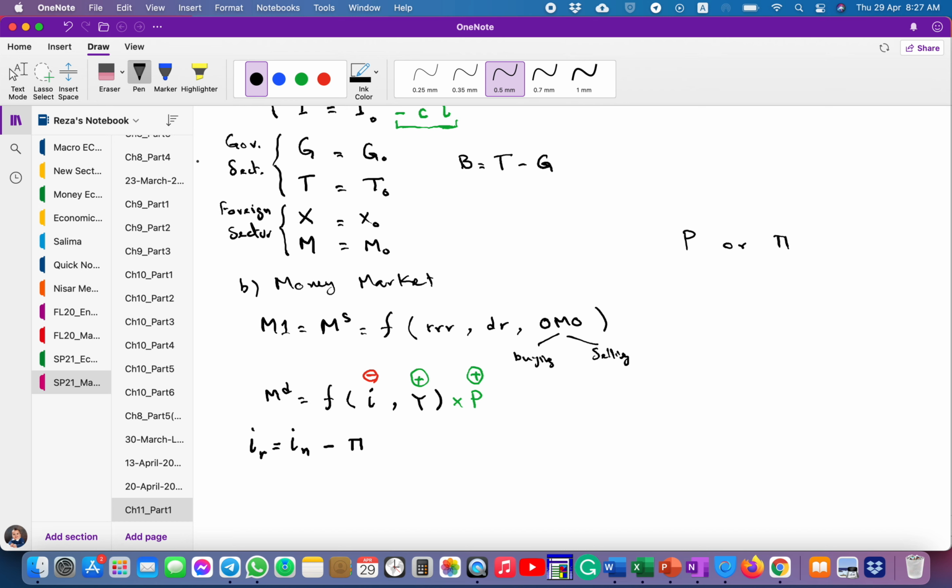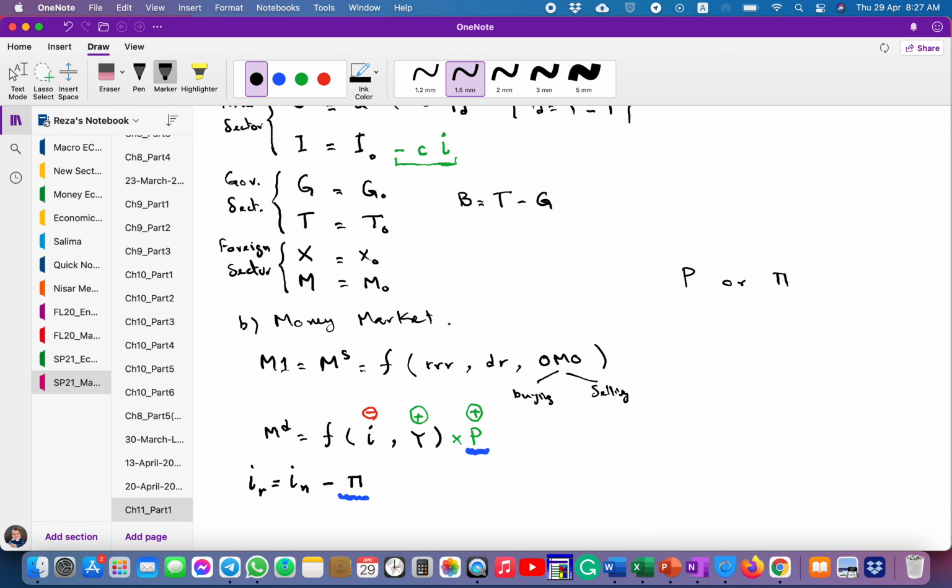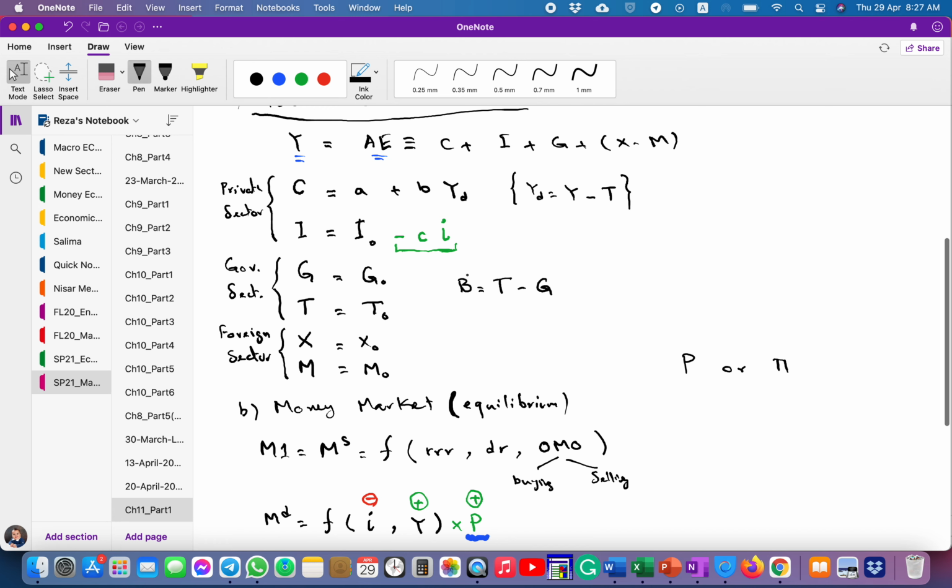So either through this inflation or through this price level, the equilibrium in the money market is going to be determined. And by the way, the interest rate is coming from the money market. Interest rate is going to be determined in the money market.